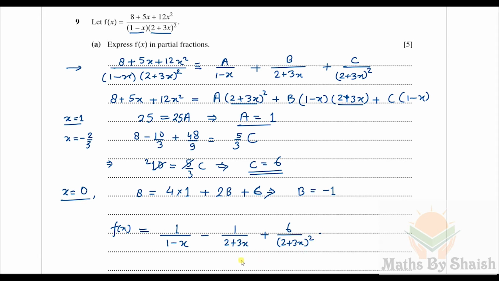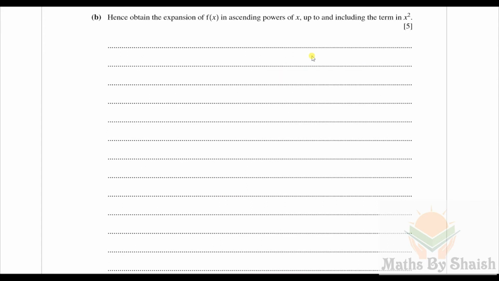Let's do the b part. Here's the b part. Hence obtain the expression of f(x) in ascending power of x. So from the previous part we got f(x) as 1 over 1 minus x plus minus 1 over 2 plus 3x and plus 6 over (2 plus 3x) whole square.